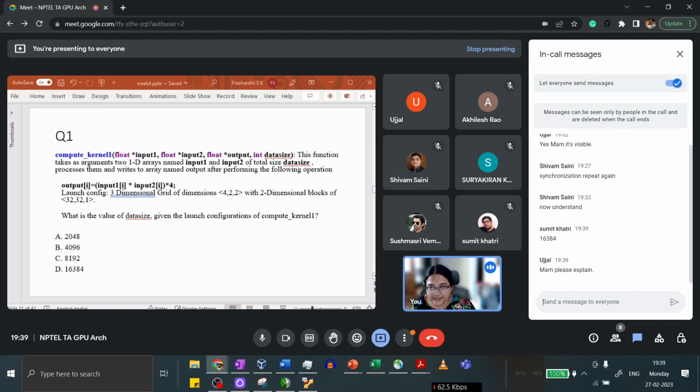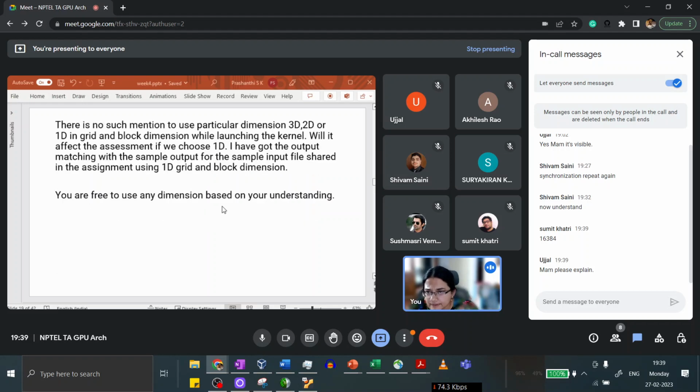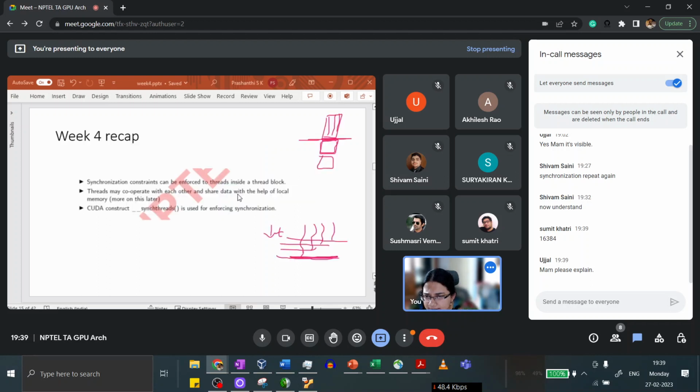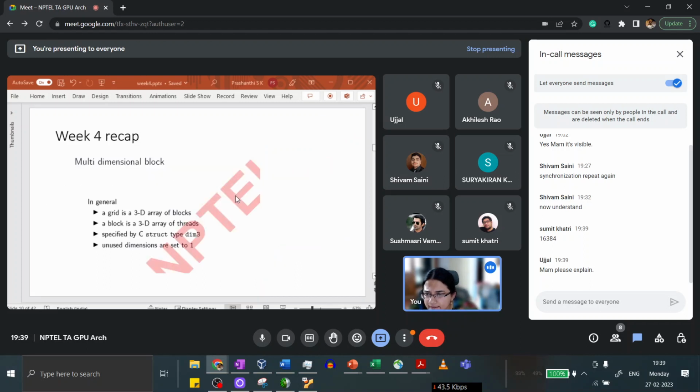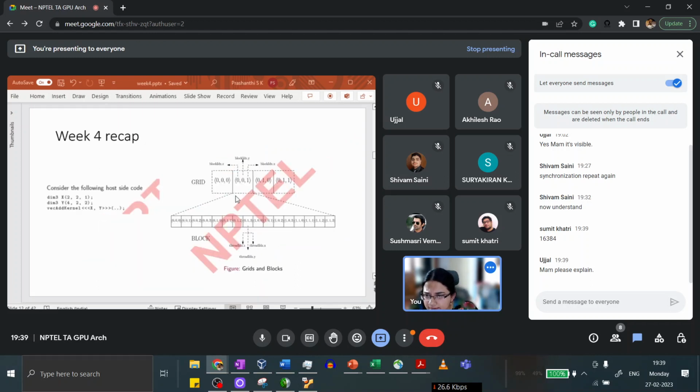Okay, please explain. Sure. So, this is a function that is given to you. We looked at some sample examples, right? For instance, this one, where you're trying to launch a kernel. In this case, it's vector add kernel with the following three dimensions for your grid and your block.